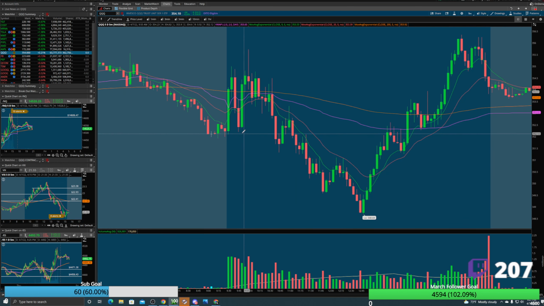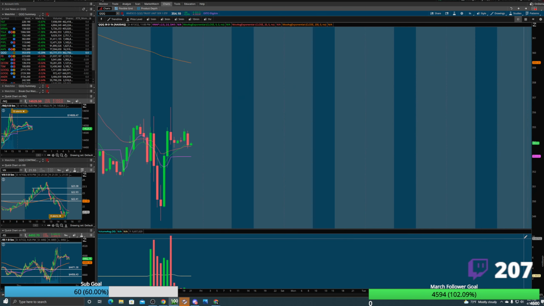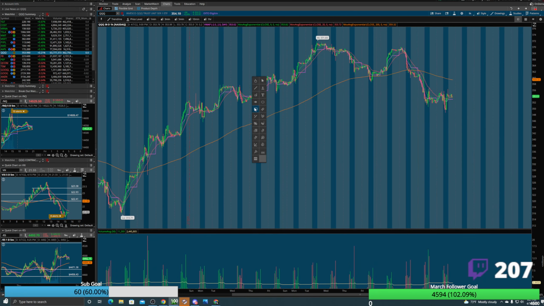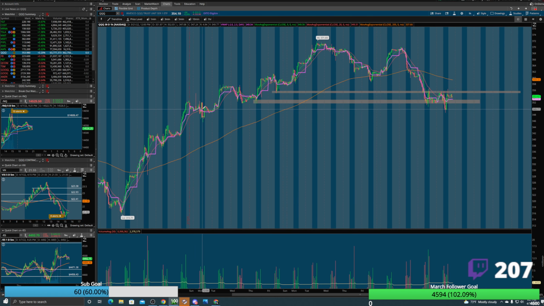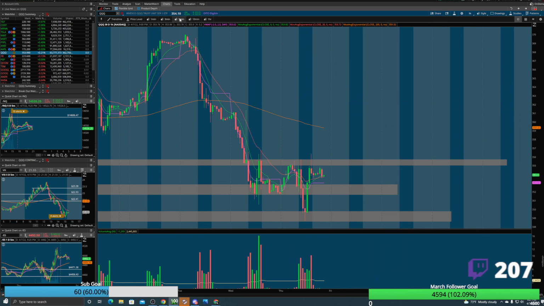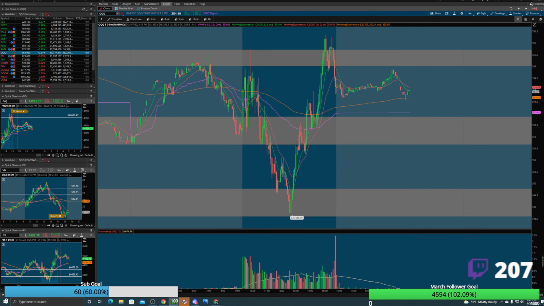But guys, so these zones fail. Let me draw them back out again since I am a complete tech idiot. Okay, I had this. I had this. I had this. And way down here, this. Okay. So that's completely fine. Let me go back on the 5, okay?